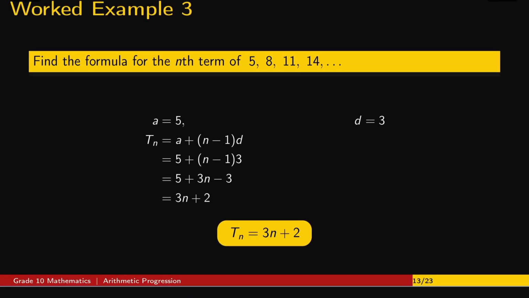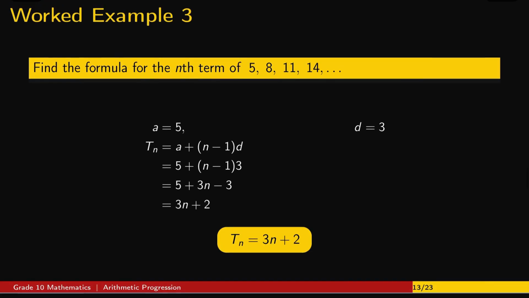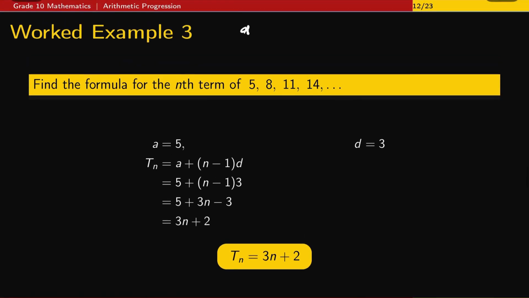All right. Let us look at this exam style question. So this question says, find the formula for the nth term of this sequence. So, okay, guys. So the first term here, let me write it on top here.